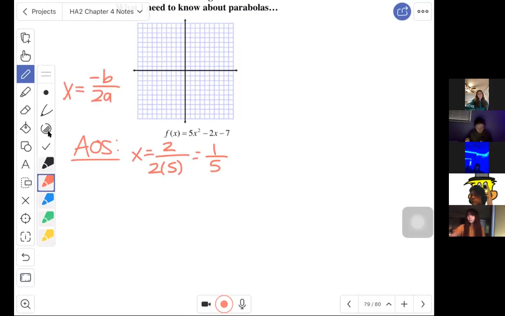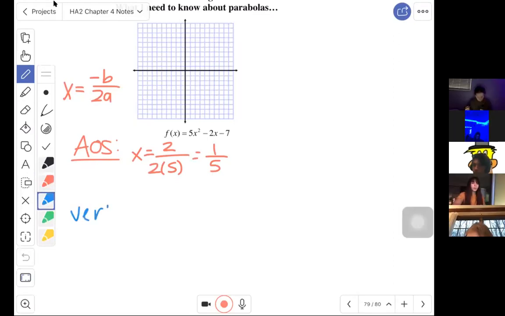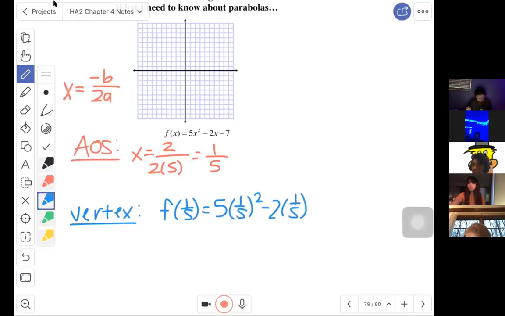Riley, how are we going to find the vertex? I plugged in 1/5 for x. So I did y equals 5 times 1/5 squared minus 2 times 1/5 minus 7. Awesome. Oh, wait, no, 2 doesn't get squared. Yes, that's exactly what I was going to say. Awesome. All right. And when you did that, Riley, what did you get? I got negative 6.4.